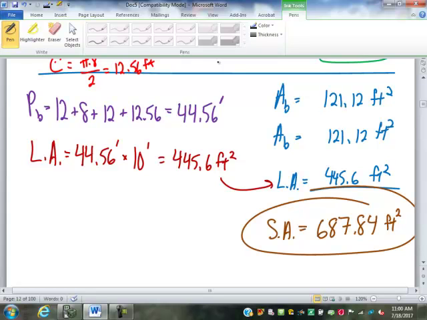Now, in the textbook, it does give formulas for the different shapes. So if you want to fall back on just matching the formula to the shape, you can. I did it differently here intentionally because I don't like memorizing formulas. If I can get a couple of basic concepts, I can figure out everything else from there. For those of you that are visually inclined, this might make more sense than memorizing formulas.